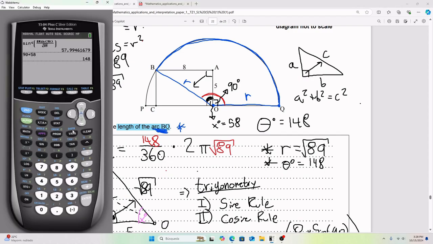So you put all of this into your calculator, trust the process, trust the formula, times 2 times pi times square root of 89, and you end up with 24.368.